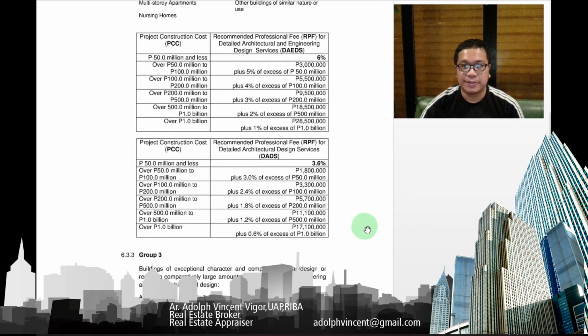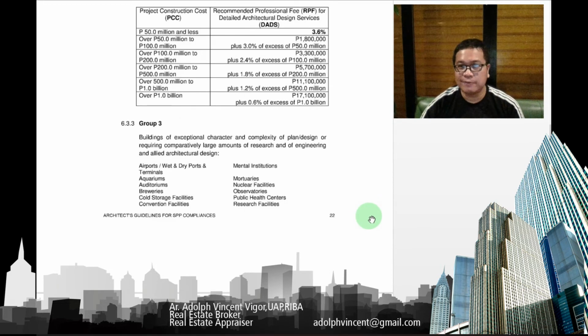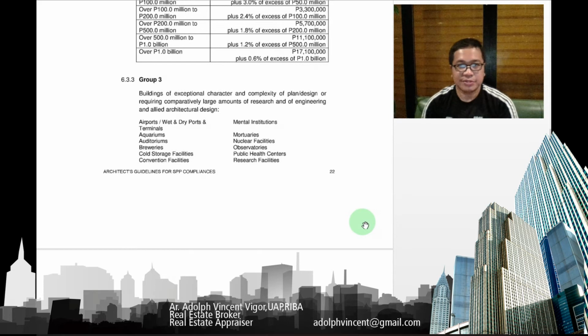Let's look into Group 3. These are buildings of exceptional character and complexity of plan or design, or requiring comparatively large amounts of research and of engineering and allied architectural design.